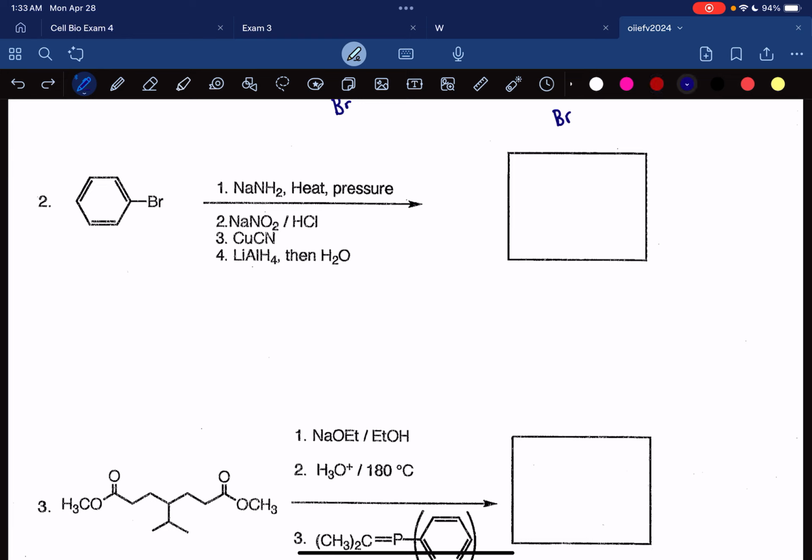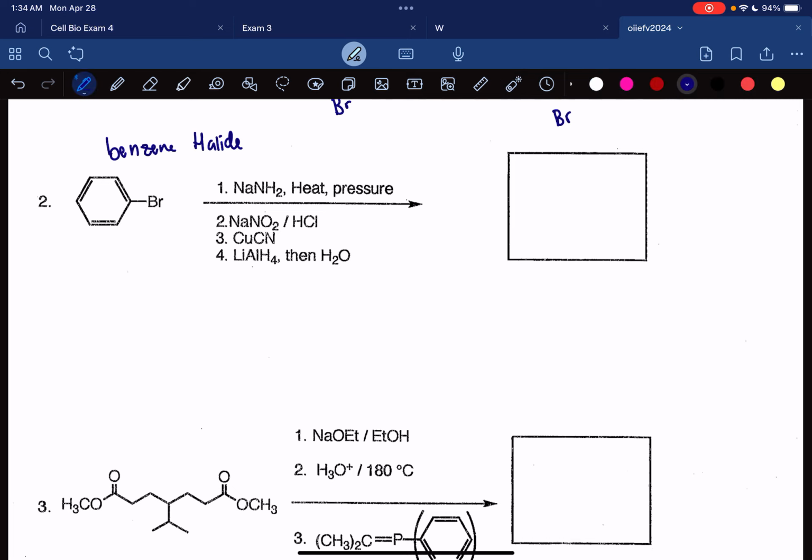We have benzene with the halide. So a good test taking tip is whenever you have a bromine on a molecule, a lot of times it's a good leaving group and it's going to react to leave basically.